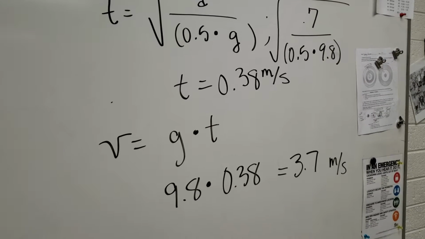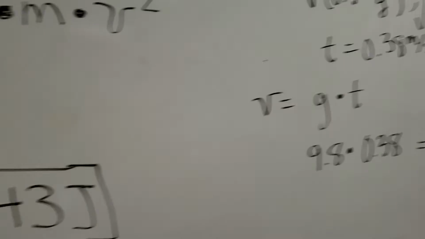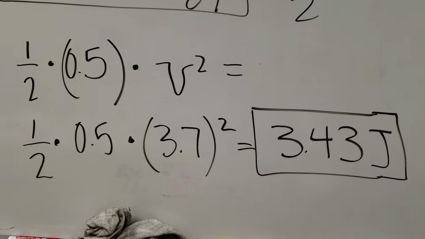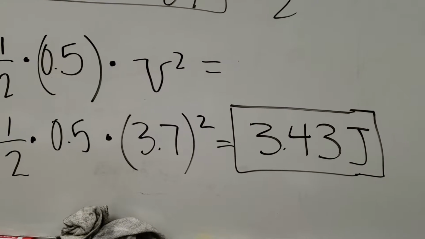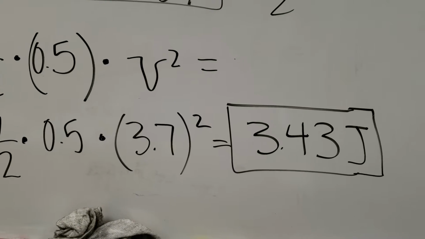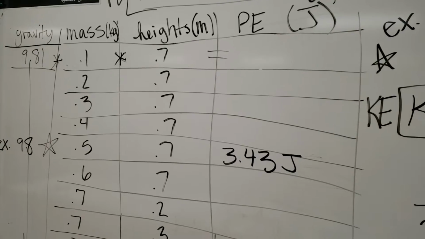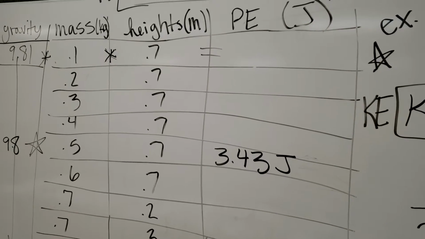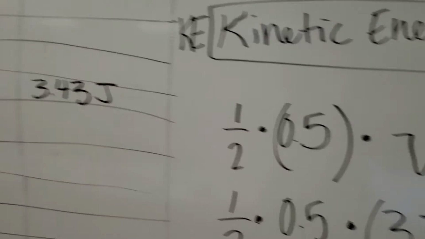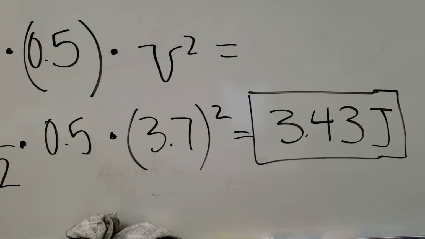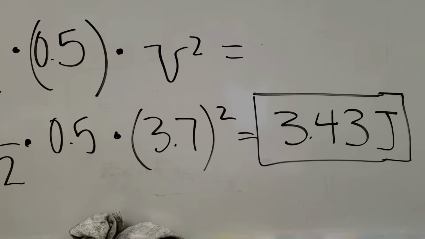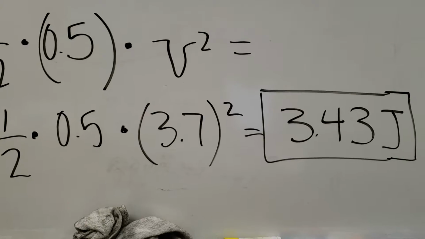Once you calculate the velocity, you can see that your value here, 3.43, should be exactly equal to what your value is there. So your potential energy and your kinetic energy, they should equal because of the conservation of energy theorem that we're going to learn about.